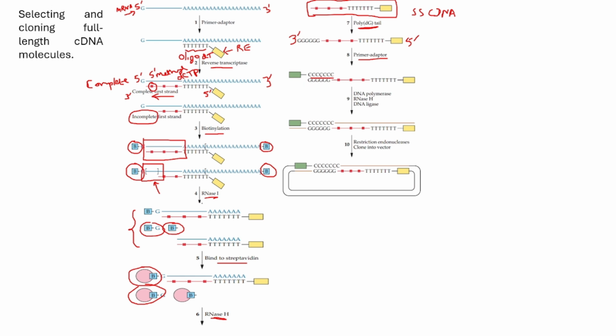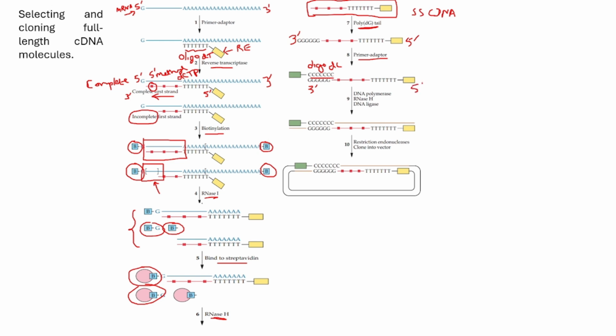How will you attach this primer adapter? Because you have guanosine stretches in the 3' end, the primer adapter needs to be modified in such a way that you have some oligo dC sequence. So you have to make your primer adapter in such a way that the oligo dC sequence attaches with the oligo dG sequence of the cDNA.